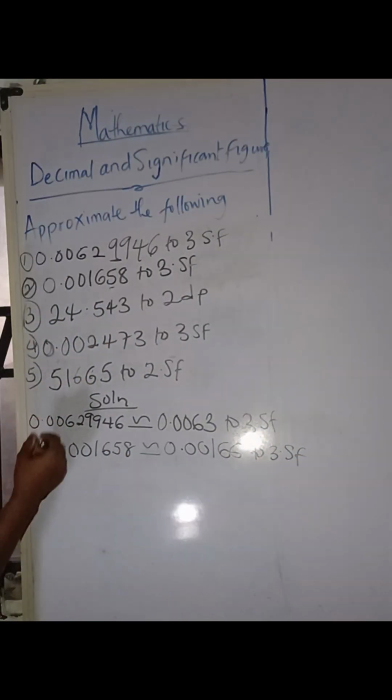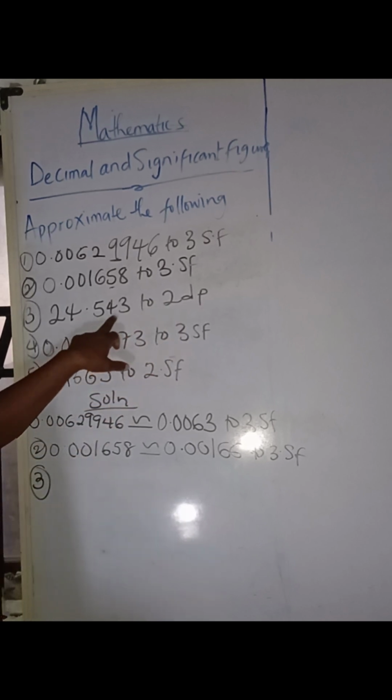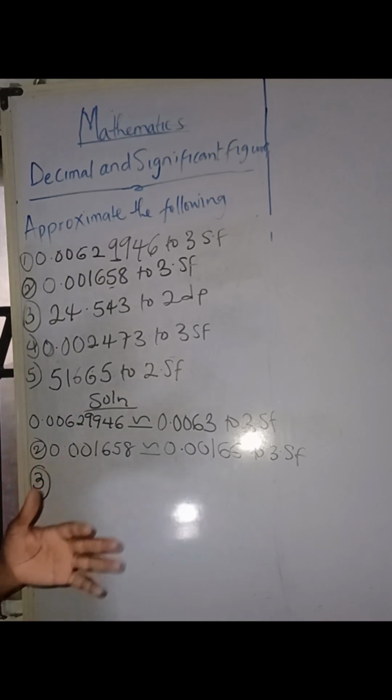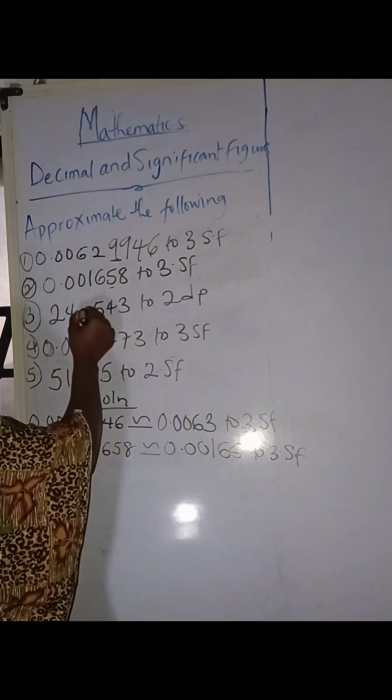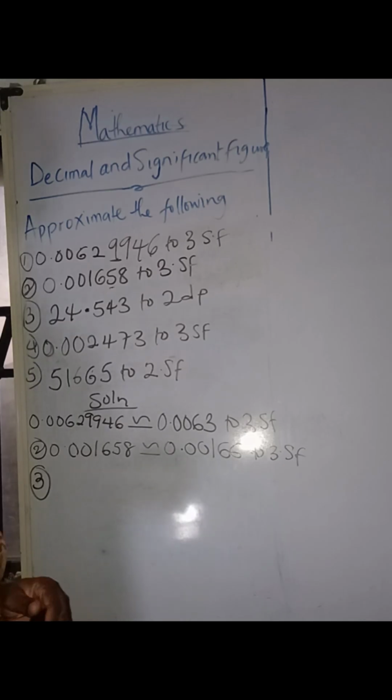Number 3, we are to do what? Approximate this 24.543 to what? To 2 decimal places. When you are doing decimal places, you start counting values after the decimal point. So decimal place is telling you to count after the decimal point, while significant figure is telling you to start counting from the very first significant number.